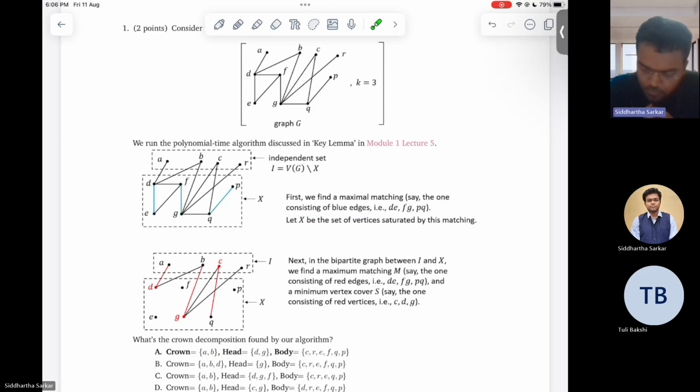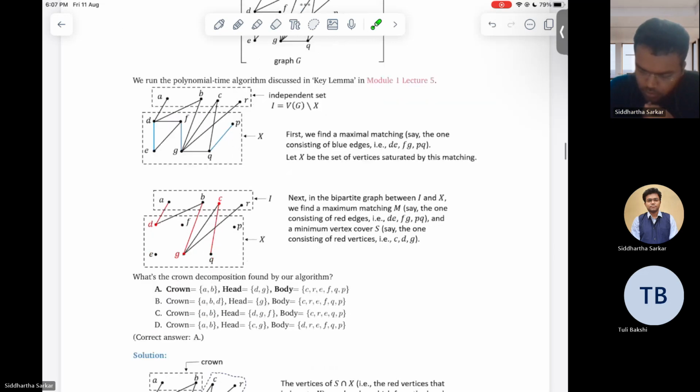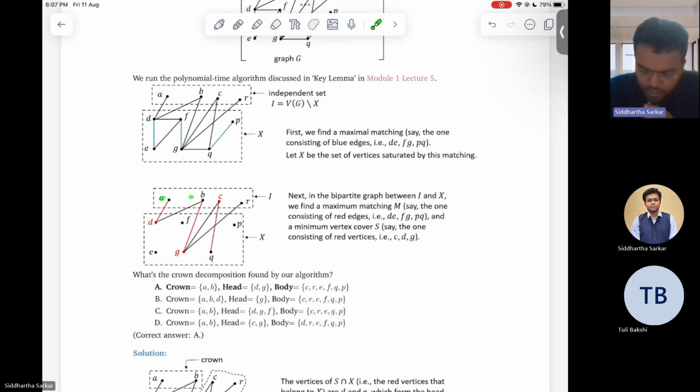So the endpoints of this maximal matching constitute the set X, and the rest of the vertices, that is the vertices in V(G) minus X, are forming an independent set. So A, B, C, D are part of the independent set I, and we have this other set X.